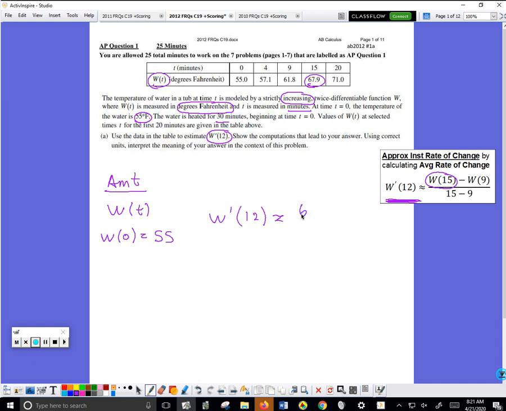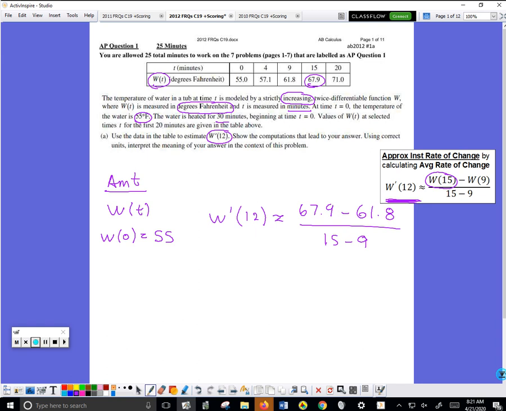67.9 minus 61.8, because this is telling us how much the water temperature is changing over the 6-minute time period. We divide that by the 6-minute time period. Let's see.